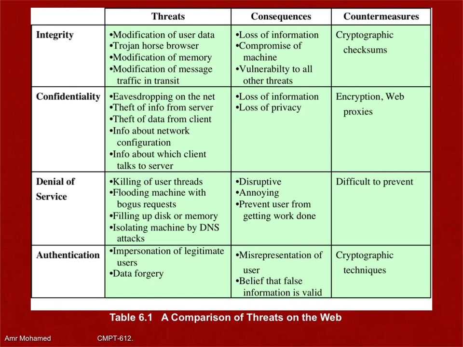The consequences are that you can lose information, or you can compromise the machine through an active attack. The countermeasures are usually cryptographic checksums or MACs, message authentication codes, or some level of authentication to mitigate any kind of active attacks.